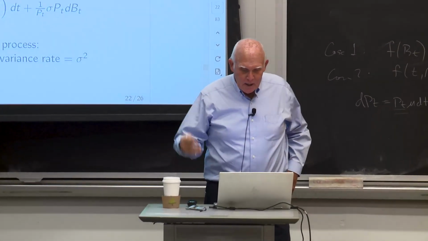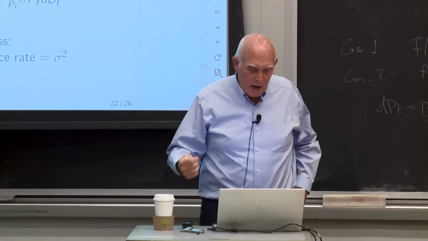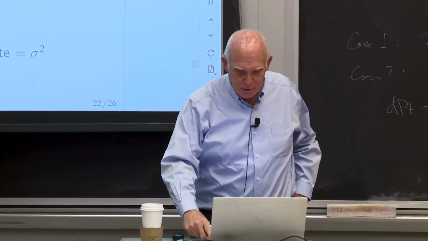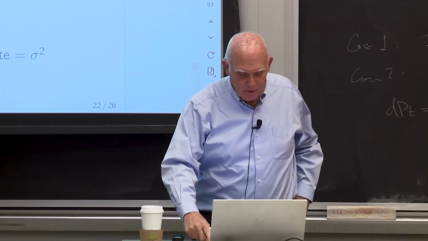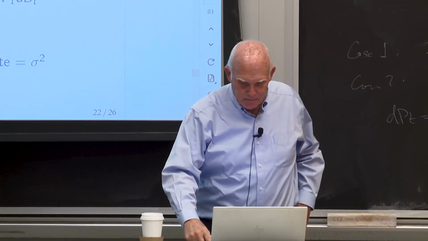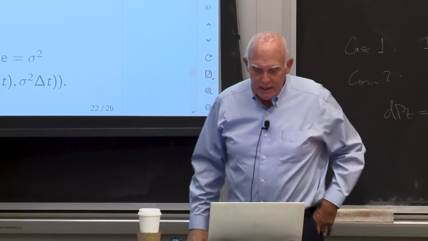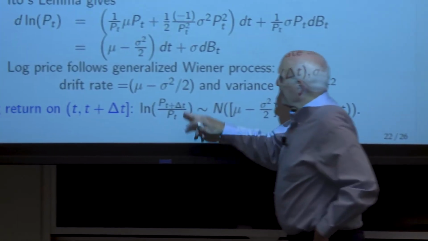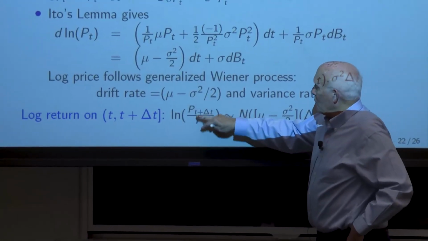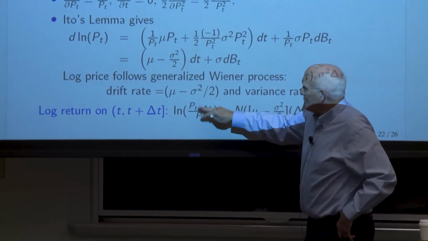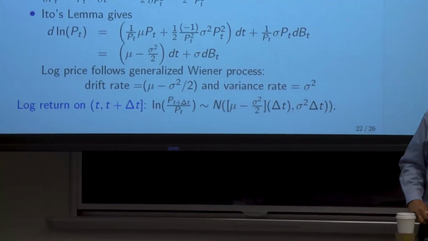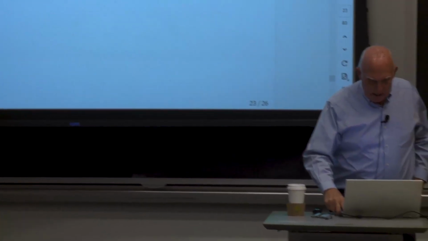So basically the drift rate on the log scale has a drag due to the quadratic variation. And if we consider an increment of the log return, that's normally distributed.